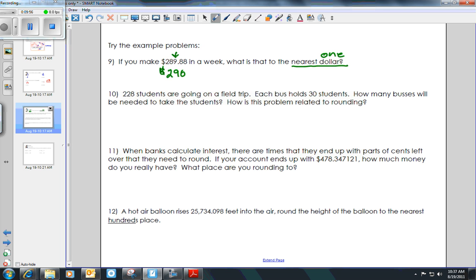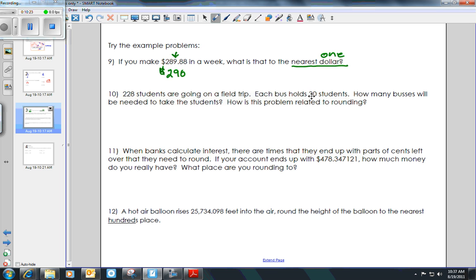For number 10, we have 228 students going on a field trip. Each bus holds 30 students. How many buses will you need to take the students, and how is this problem related to rounding? Okay, well, we could divide or we could estimate.